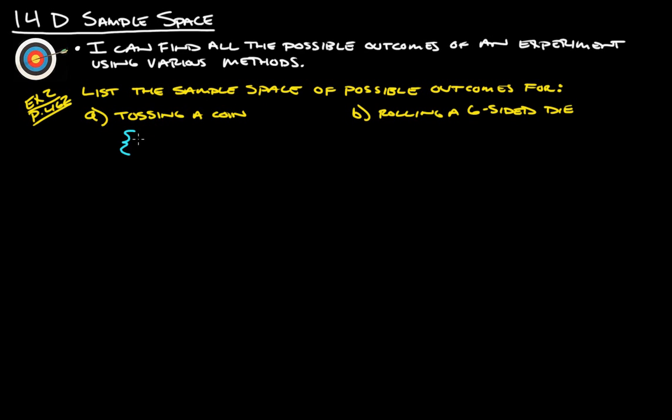So tossing a coin, we're going to get heads or tails. And there we have listed the sample space for that. Rolling a six-sided die: 1, 2, 3, 4, 5, or 6. And there's a sample space for that. Rocket science? I think not.